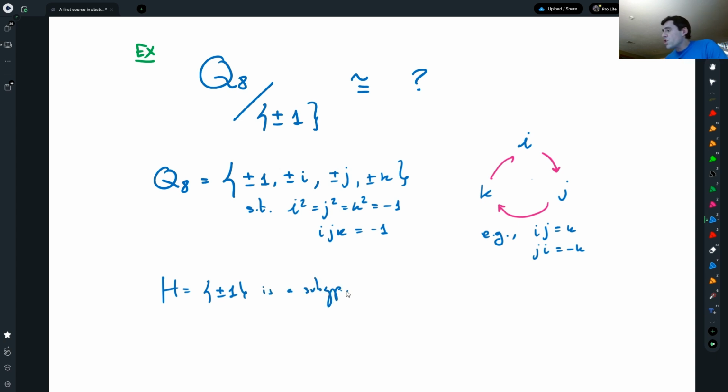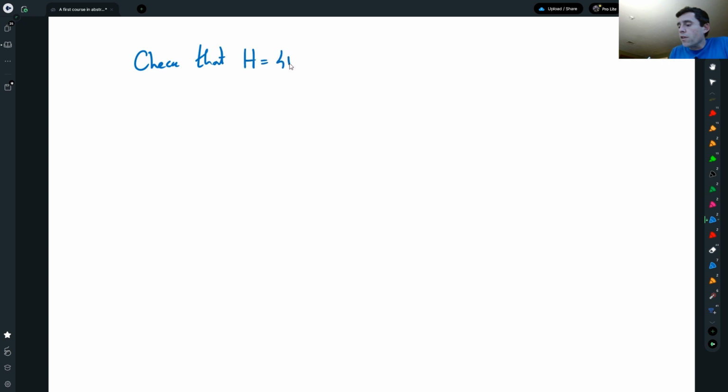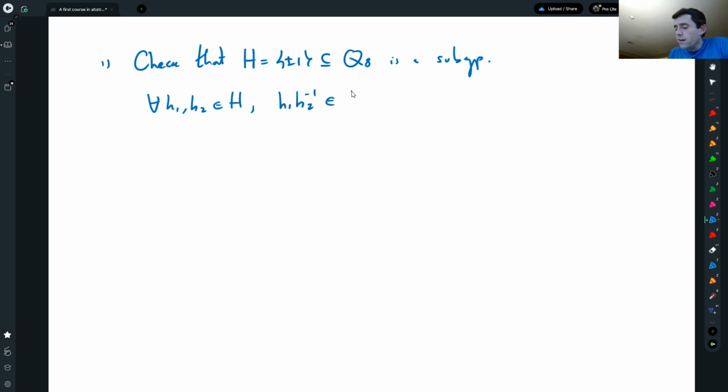So how do we check that something is a subgroup? Well, remember that we have a criterion to check that something like this inside Q8 is a subgroup. So this is going to be the first thing I do. Remember that the criterion just says that for all h1 and h2 in H, we have that h1 h2 inverse is in H. So this is my general criterion for subgroup.